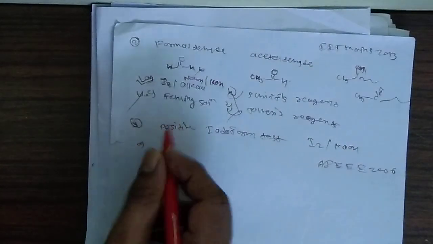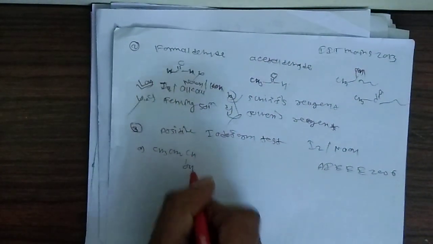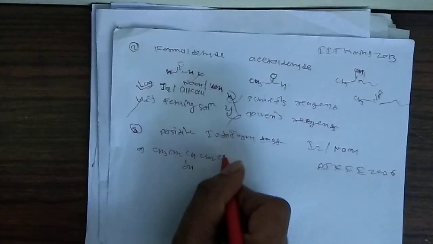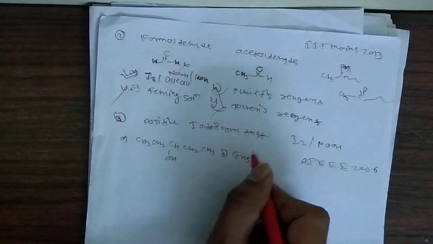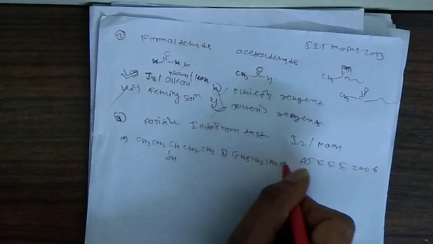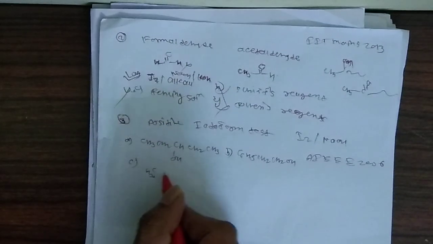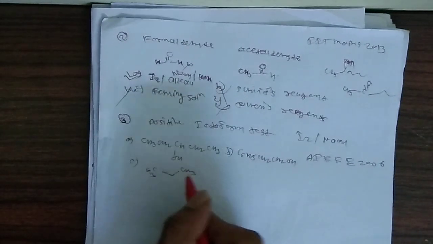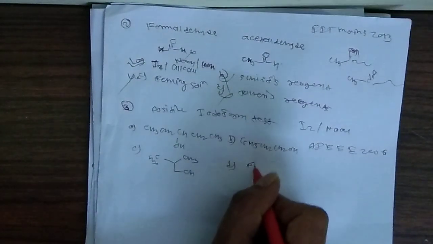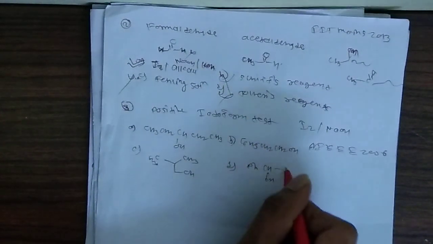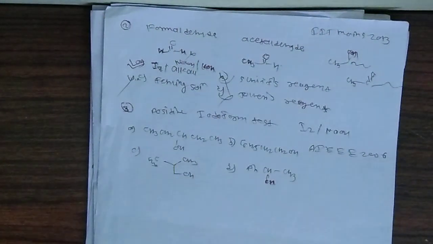Here 4 options are given: CH3CH2CHOHCH2CH3; D is C6H5CH2CH2OH; C option is CH3, here also CH3, here OH; and the last option is PhCHOHCH3. Now the question is, which out of these 4 will give a positive iodoform test?